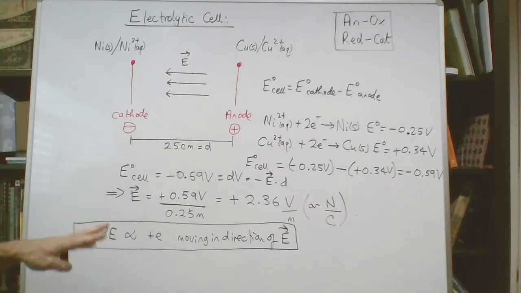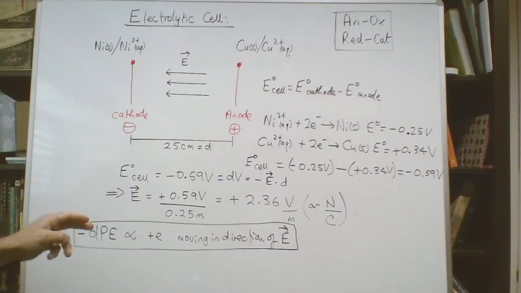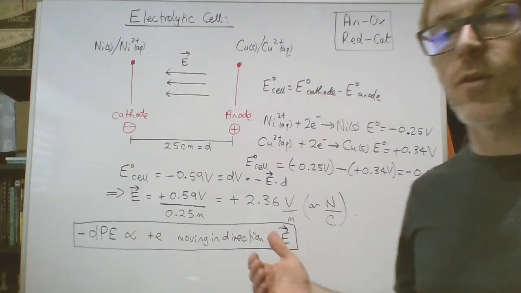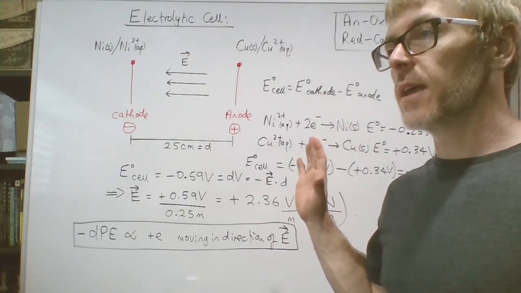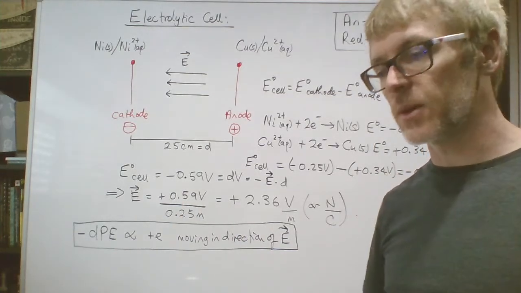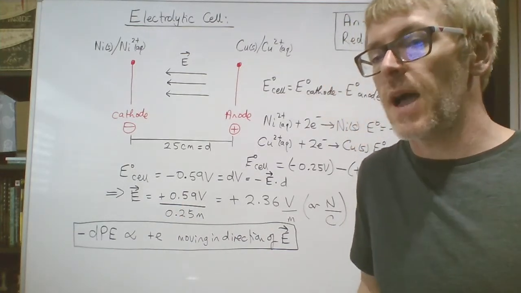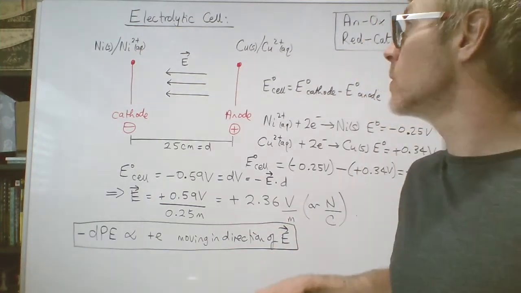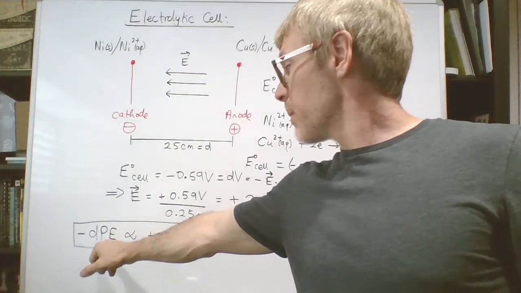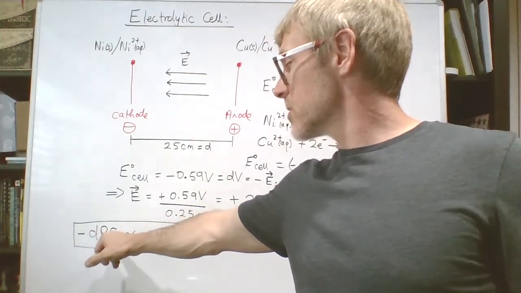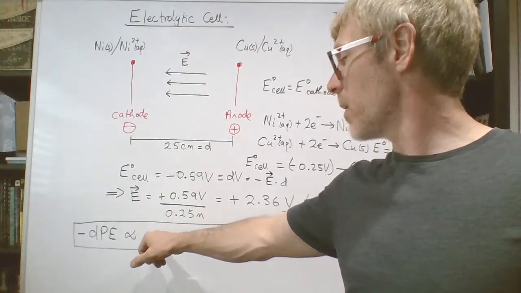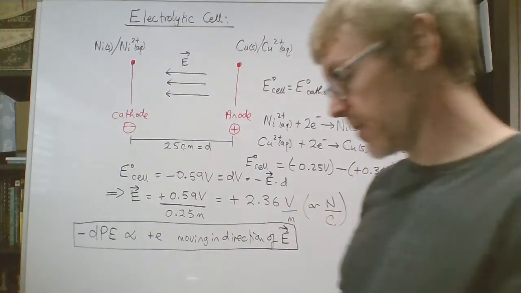So this is something that would occur naturally. Now we know by definition with an electrolytic cell, because it naturally has a negative voltage, if we wanted something to naturally happen, we'd have to overcome that negative voltage. It's like we start in a hole. We've got to add some voltage to get out of that hole. So this is what would naturally happen. There'd be a natural change in potential energy that would be a decrease in potential energy. Well, that happens when a positive charge is moving in the direction of the electric field.